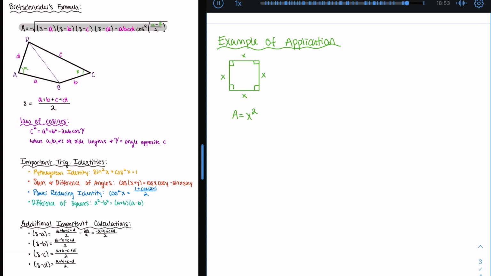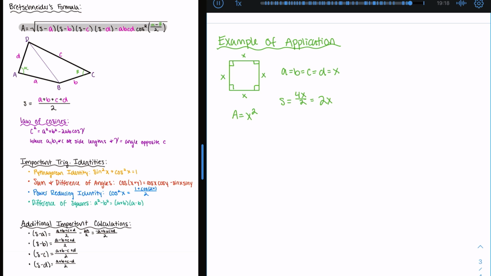So since all 4 of our sides are equal to x, we have A equals B equals C equals D equals x. So for our semi-perimeter, we would have 4x divided by 2, or 2x.